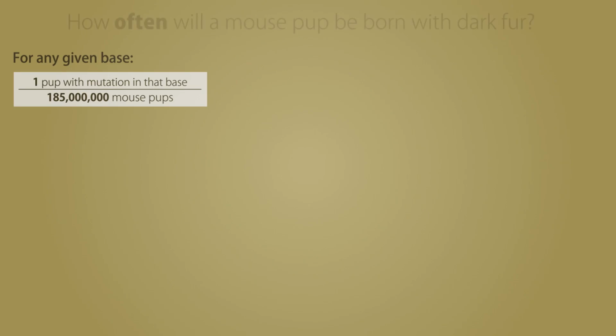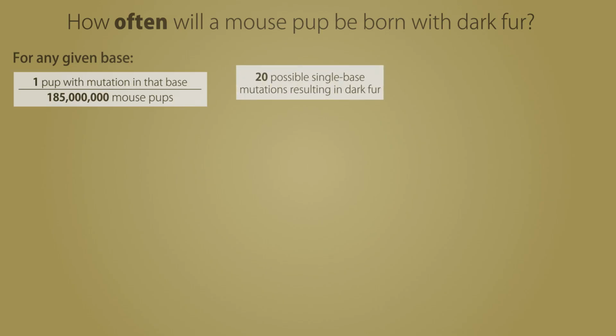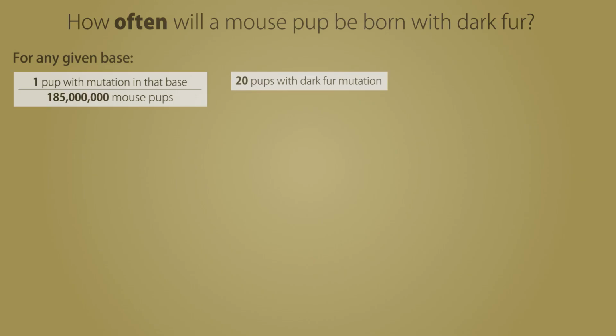So that takes us back to the fur color mutations we're interested in. Remember that in our fur color gene, there are 20 possible single base mutations that will result in a dark fur mouse pup. Statistically, that means there will be 20 mouse pups, each with 1 of those single base mutations in our theoretical population.